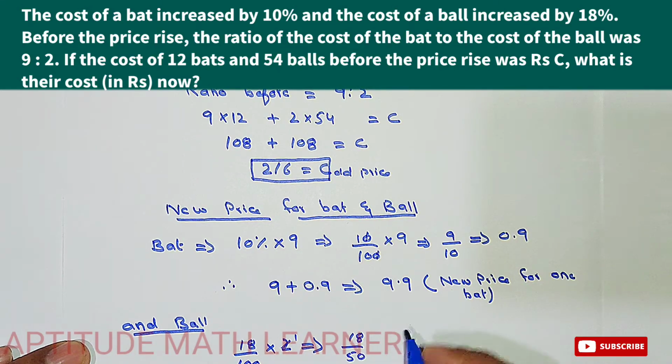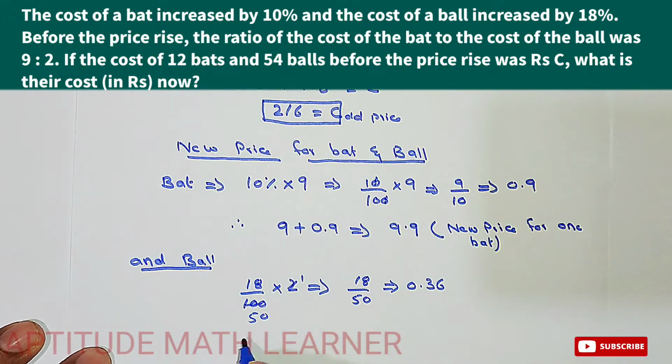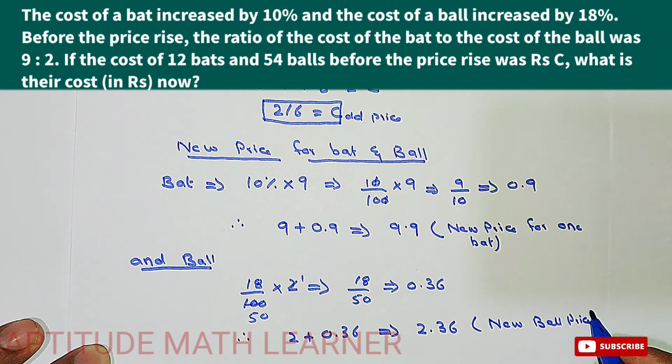So here we get the answer, 0.36. Therefore the new price for one ball becomes 2 plus 0.36, and this is equal to 2.36. This is the new price for one ball.